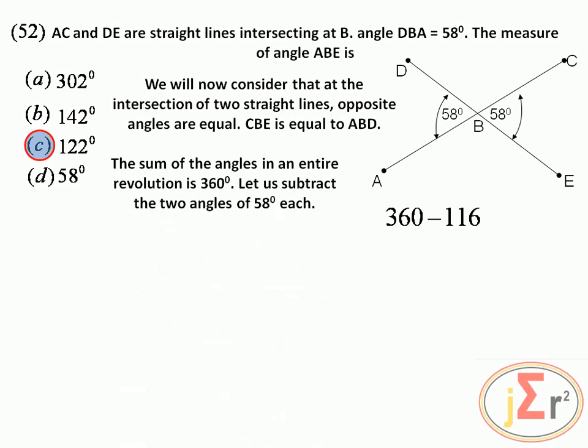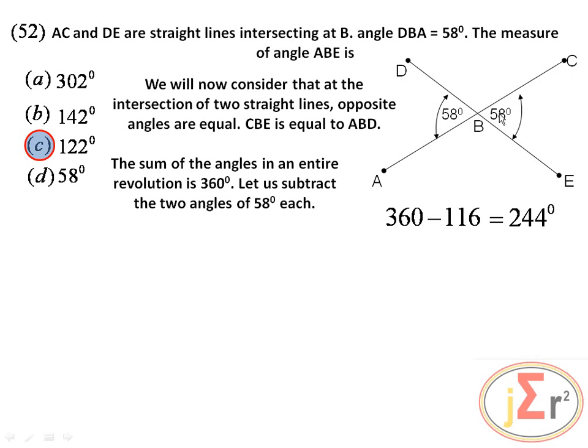So the sum of the angles in an entire revolution is 360 degrees. Let us subtract the two angles of 58 degrees each. So we are sure that for intersecting lines like this, these two angles are equal.